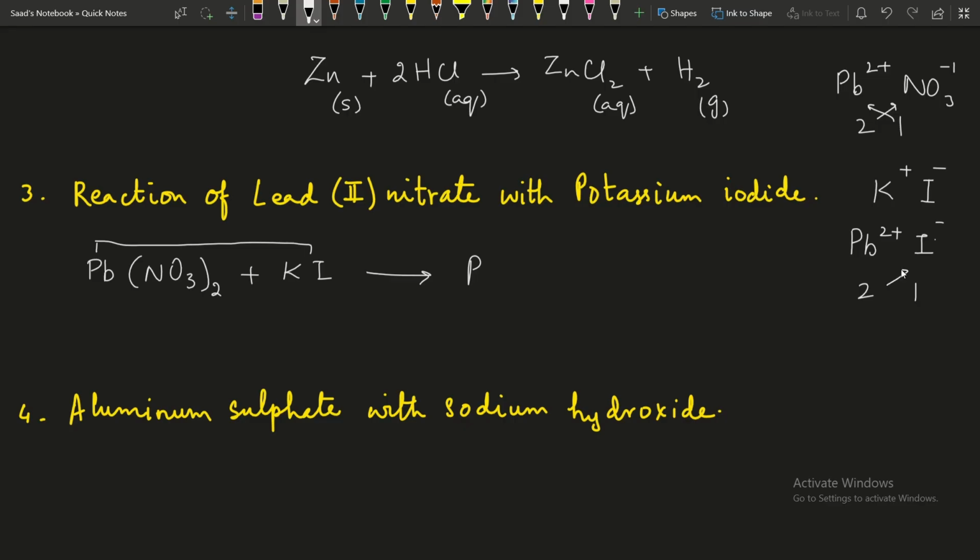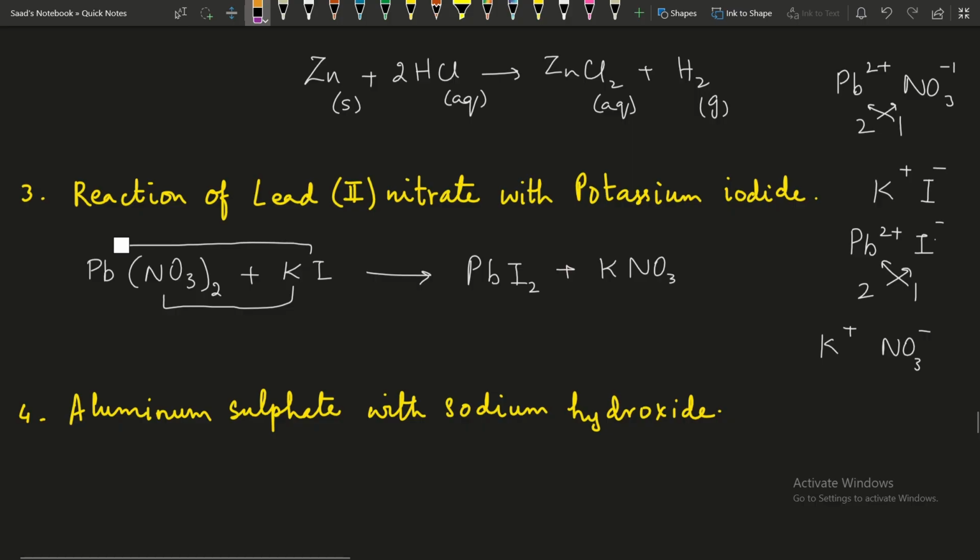It will be 2, 1, cross them and then write the formula. It would be PbI2, plus potassium will react with nitrate. Potassium has a charge of positive 1, nitrate has a charge of negative 1, so they will balance each other, and I will get the formula for potassium nitrate.